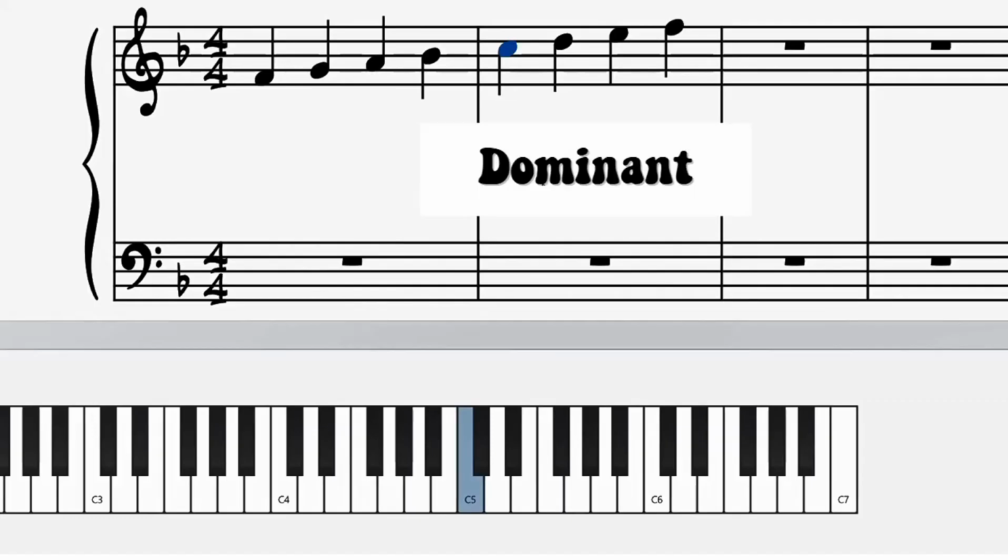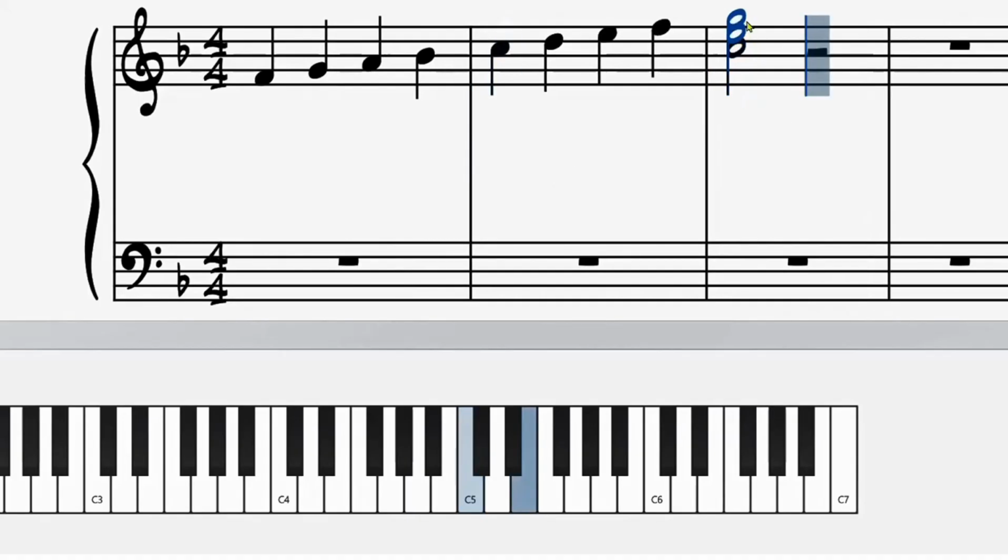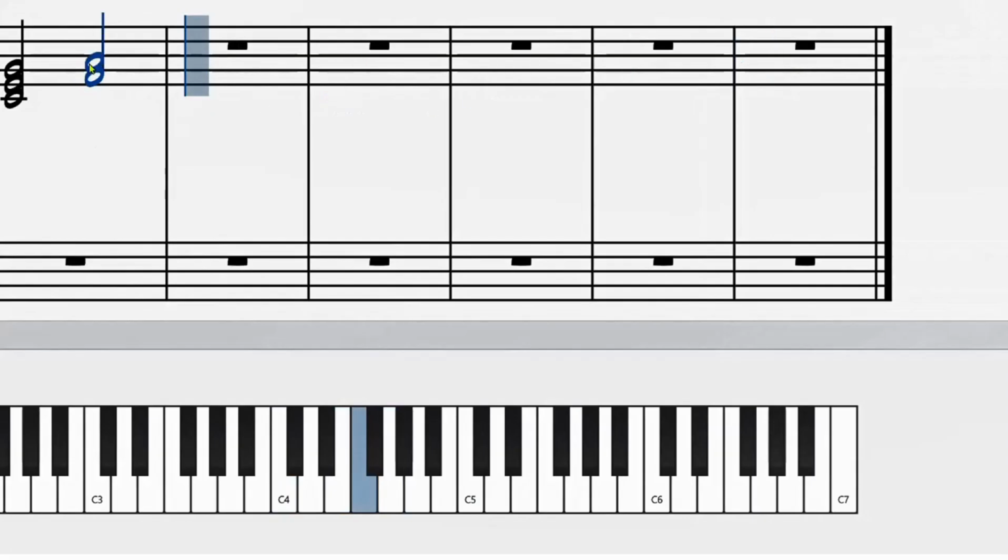And that's because when you build a chord on that note, let's see what this looks like. So here's a C. Actually, let me move all these down an octave, and then give us an F major chord.